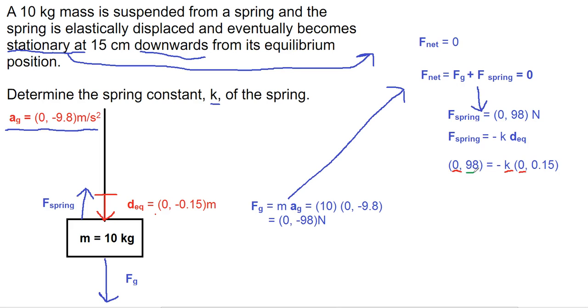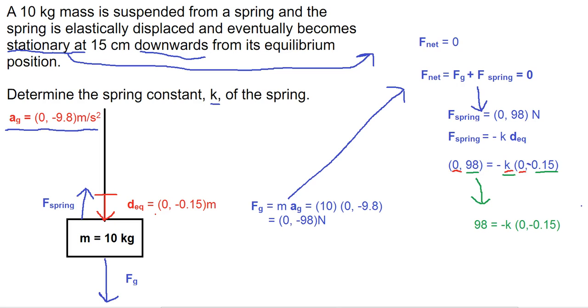But if you take a look at the y parts, we'll have 98 is equal to negative k times negative 0.15. Do me a favor, add the negative sign in up here at the top. I forgot to put it in.